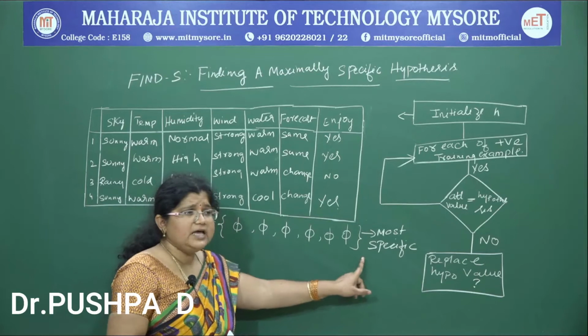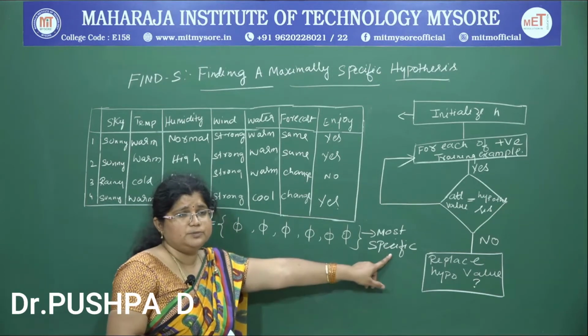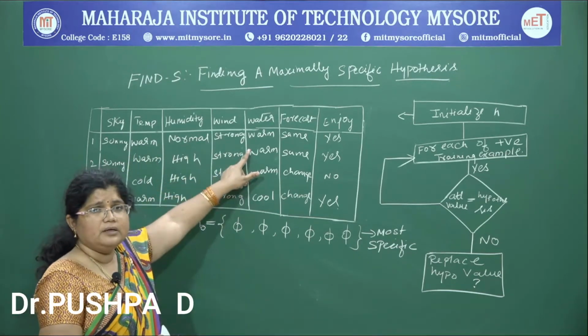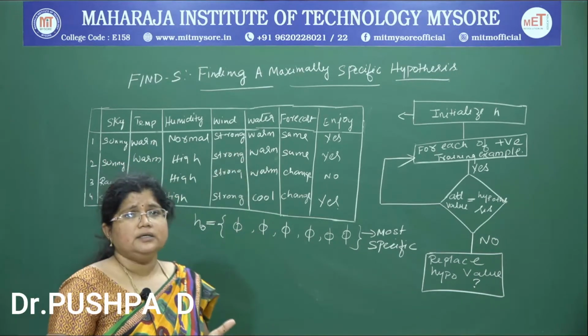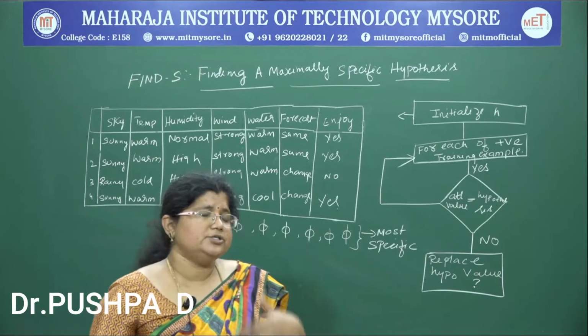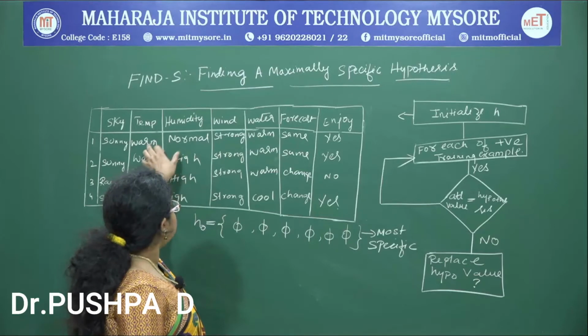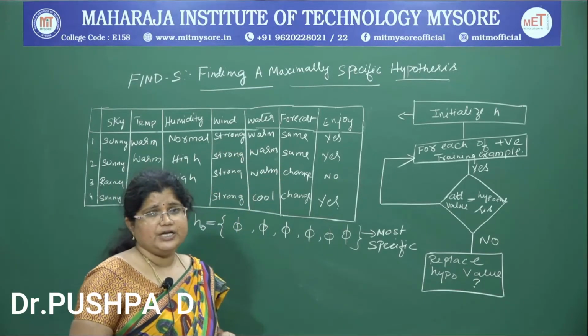When phi is the hypothesis, the first initialized most specific hypothesis, it will be compared with the first training example. So, nowhere it is matching because phi is not going to accept any values. So, nowhere is this H naught mapping with the first training example.